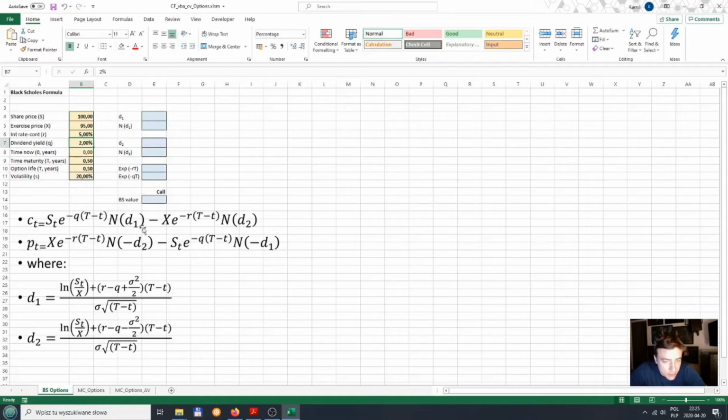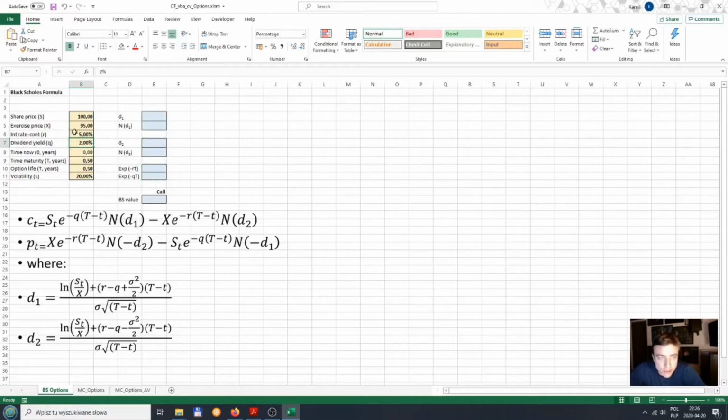And then you multiply by this N(d1). We will get back to this N(d1). After we have this first part, so underlying instrument discounted with dividend yield times something, and this N is the normal distribution, so times normal distribution with some d1. Then we subtract, and what do we subtract?